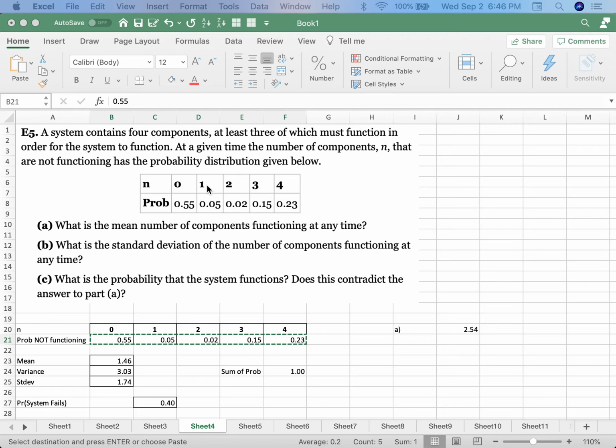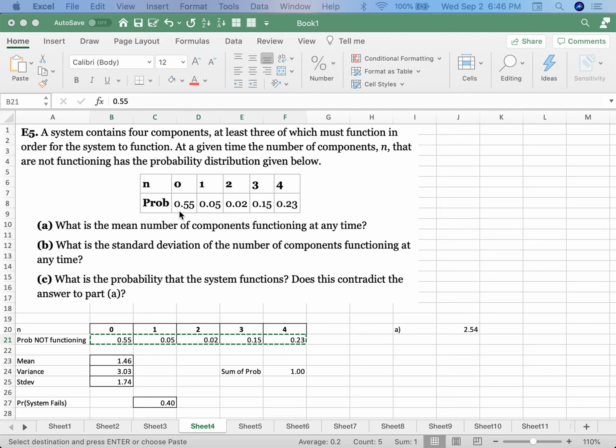So we would say the chance of this is 0.55 plus 0.05, which is 0.6. So one might have expected that since the mean number of failed components is greater than 1, that it would be more likely than not that the system would fail.